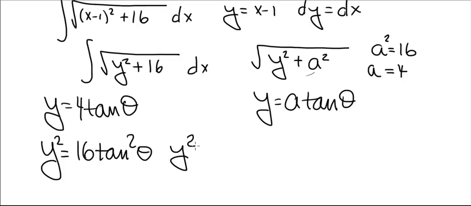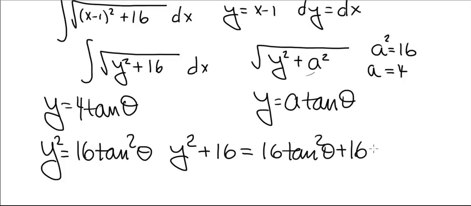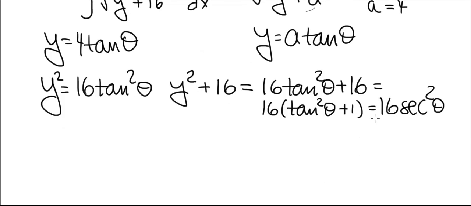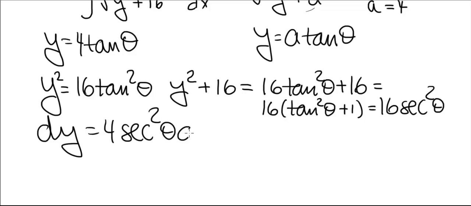Replicate what's inside the radical. y squared plus 16 is equal to 16 times tangent squared theta plus 16, and that's equal to 16 times tangent squared of theta plus 1, which is 16 times secant squared of theta. We also need to differentiate both sides, so dy is 4 times secant squared theta d theta.